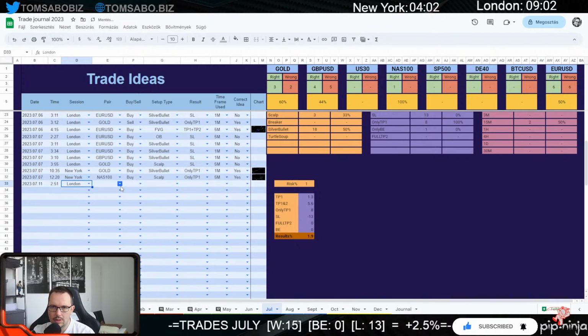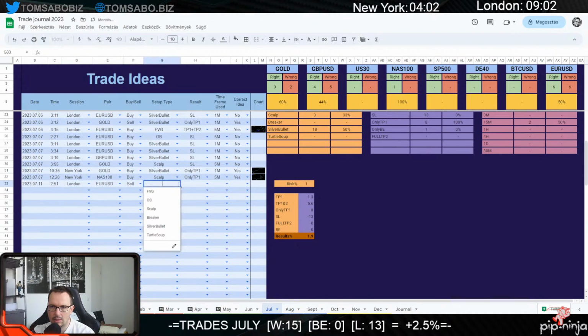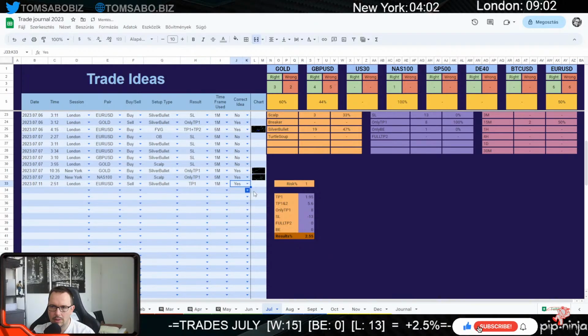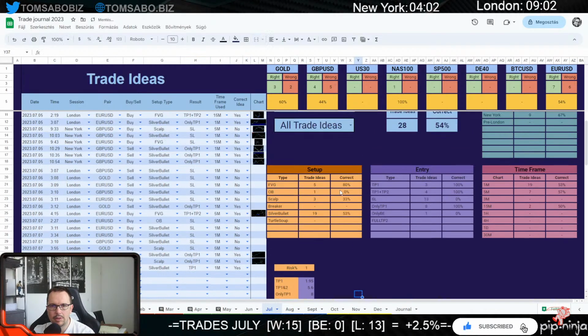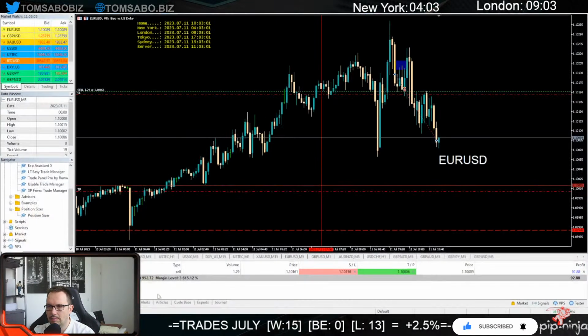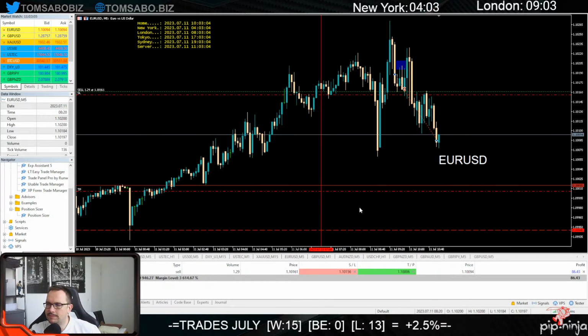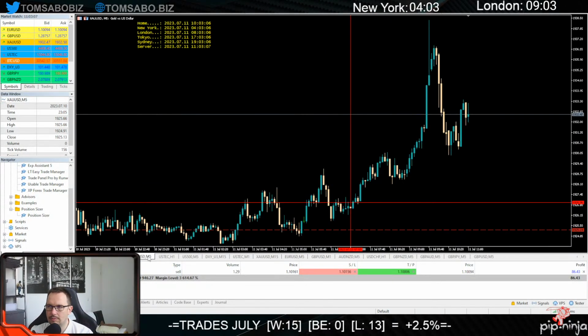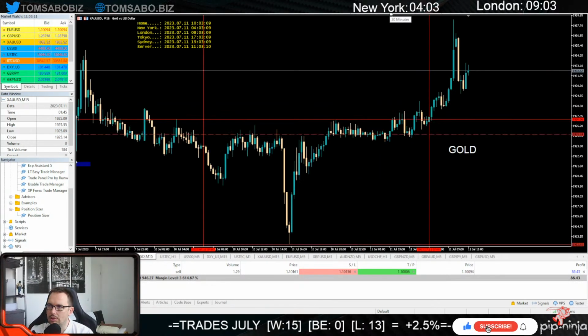It was a London session trade. It was euro, sell, silver bullet, TP1, 1 minute. Yes, okay, it's a nice one. It can turn around easily, just as gold did.